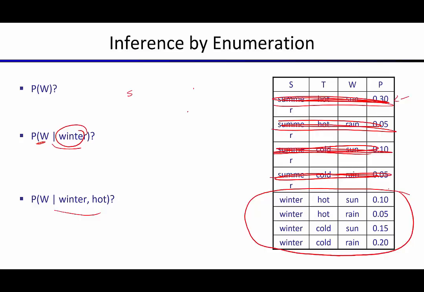In this case, this here is our query variable. This here is our evidence variable, and this here is our only hidden variable in this case. So we're going to sum over that. So we're going to build a table that effectively corresponds to probability of weather, comma, winter.